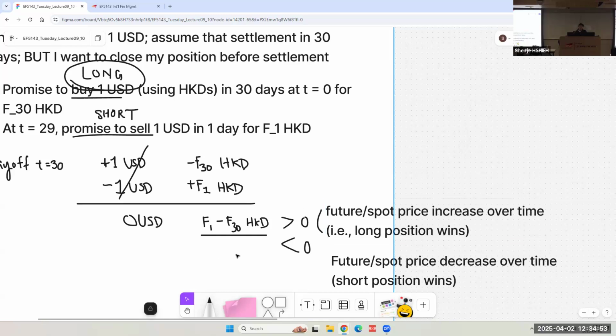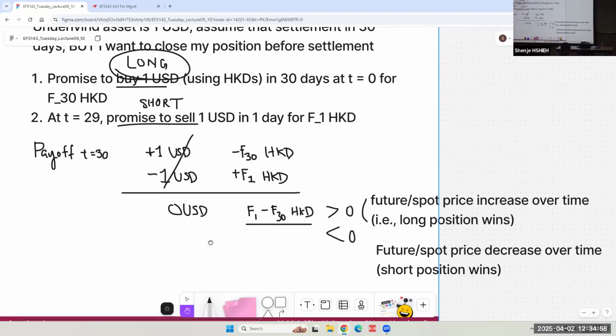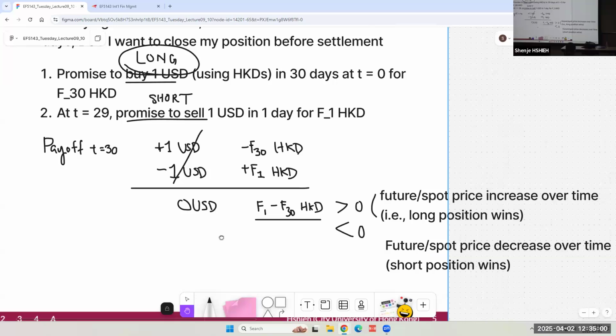So at the end of the day, futures is just a side bet, just a bet on top of the security.